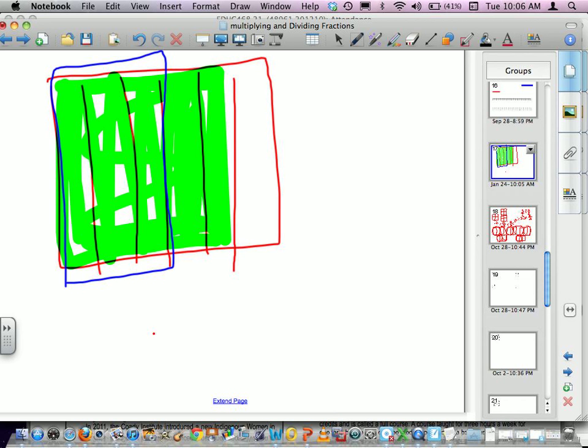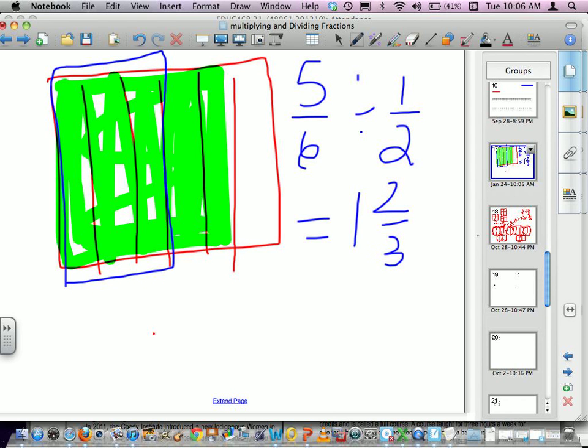So I have 1 and 2/3. So 5/6 divided by 1/2, I can make one whole set and 2/3 of another set. Here's one whole set of a half, and here's 2 out of the 3 equal pieces I'd need to make another set of a half, right?